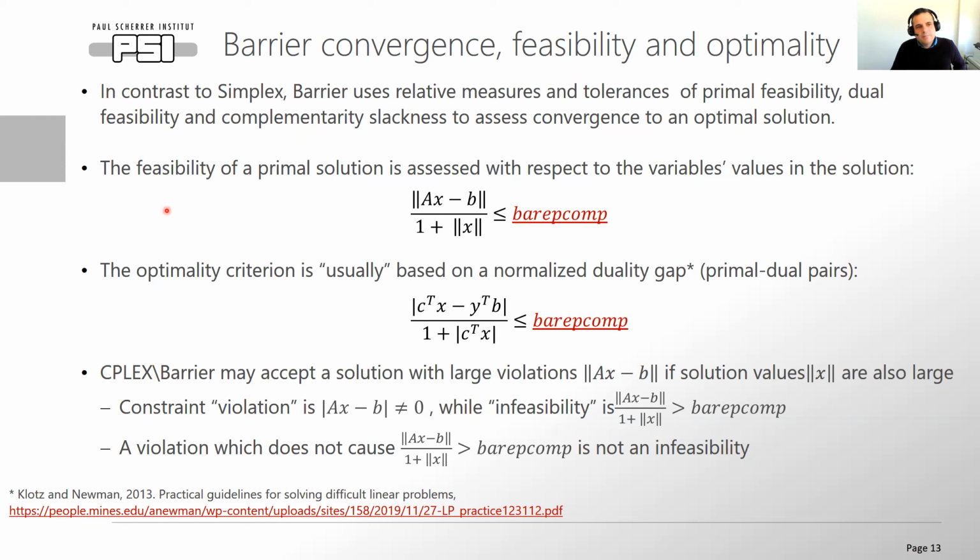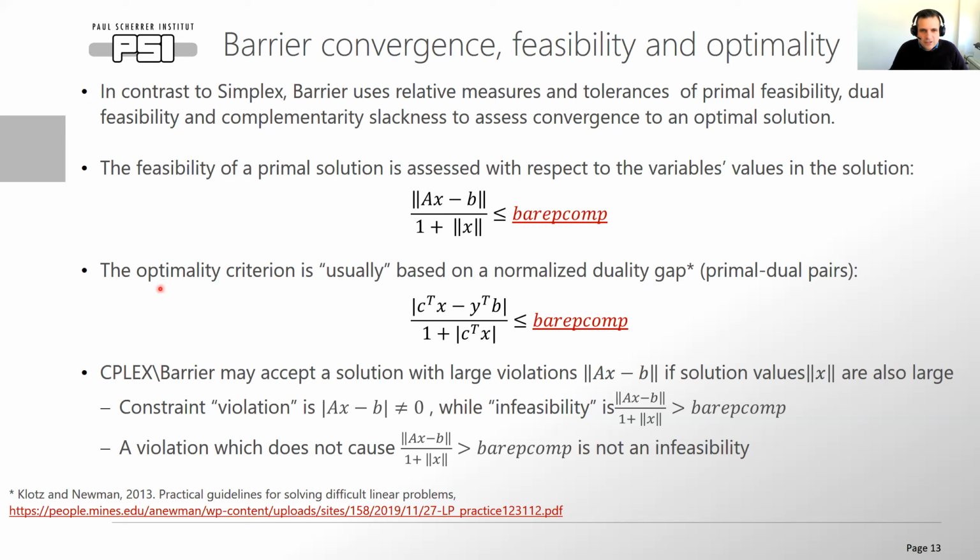Basically the feasibility of a primal solution, and for a dual solution it is similar, is assessed with respect to the variable values in the solution. So you can see here, it takes the difference, how much we violate, let's say, the constraint, and how large our objective function is. And if this ratio is less than the convergence tolerance, this is a barrier option, the convergence tolerance, then the solution is reported as feasible.